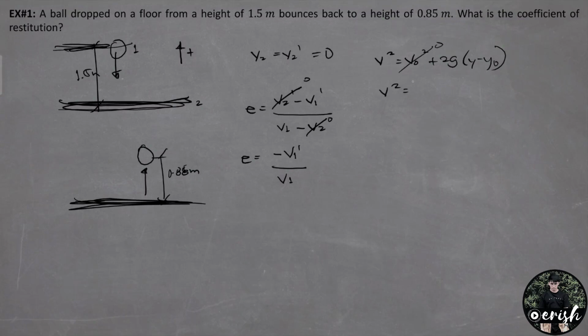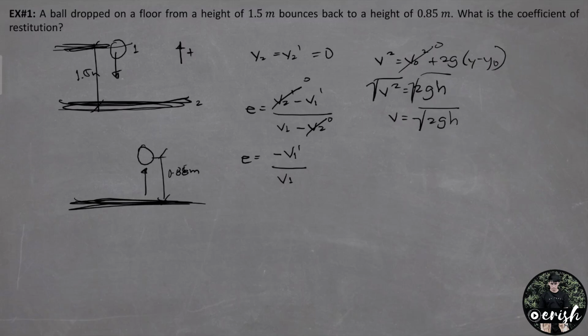V squared equals 2 times the gravity times the height, 1.5. Square root ng magkabilang side, we have V equals the square root of 2 times gravity times height. Yan yung initial height natin, or yung height natin before the collision.